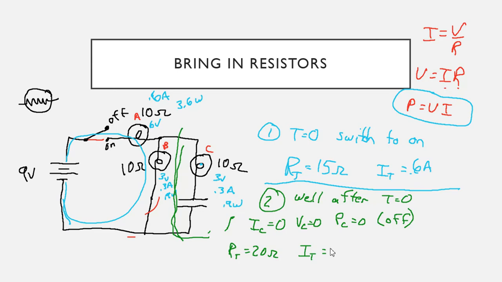So it's 9 divided by 20, 0.45 amps. So resistor A gets all the current, 0.45 amps. And it's 10 ohms, so it's going to have 4.5 volts. So resistor A is now getting less power, which makes sense. There's less current coming out of the battery.